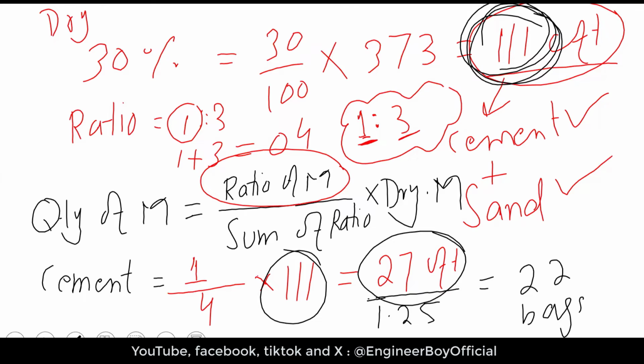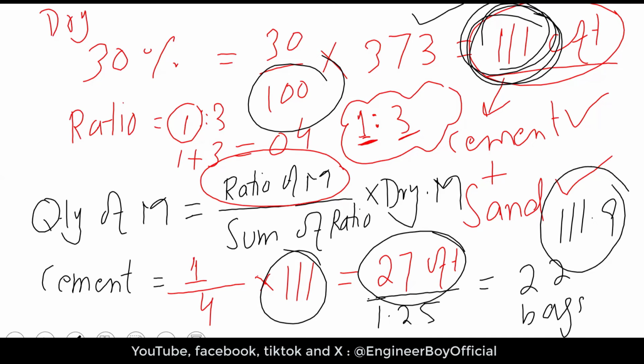But if you multiply 373 with 30, this is actually 11,190, and then divide it by 100, which becomes 111.9. So 0.9 has been skipped. That's why we have some differences in the answers, which is not an issue. So it means we now have materials like cement and then sand.